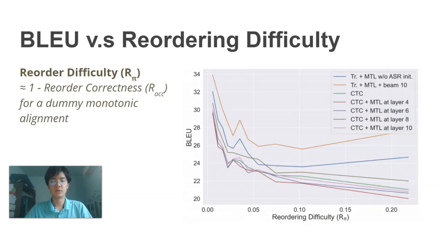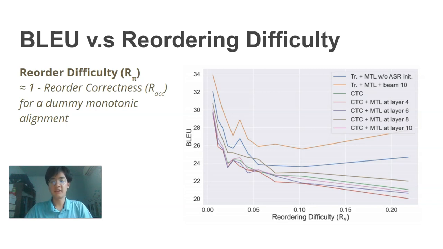Additionally, we investigate the relation between an example's difficulty versus our model's performance. The reordering difficulty is roughly defined as the inverse reordering correctness for a dummy monotonic alignment. Intuitively, this measures how much the reference alignment differs from a monotonic alignment, hence the reordering difficulty.